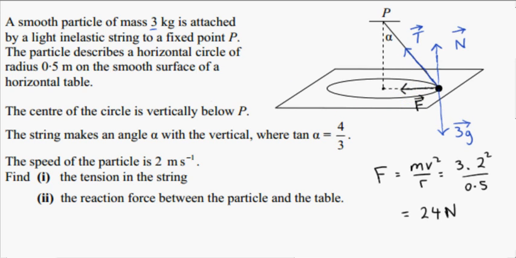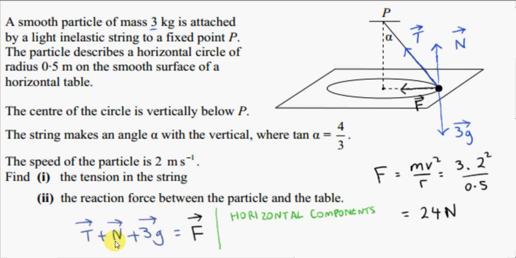Okay, let's write down a vector equation for the forces acting on the particle. The sum of the forces acting on the particle must equal the resultant force F. So we know that the sum of the horizontal components of these 3 vectors will equal the horizontal component of the resultant vector.